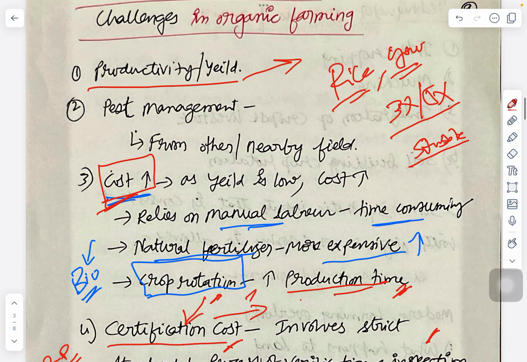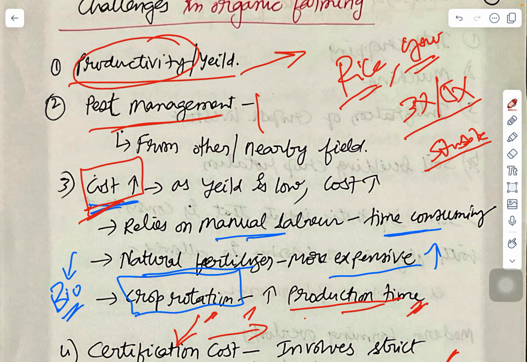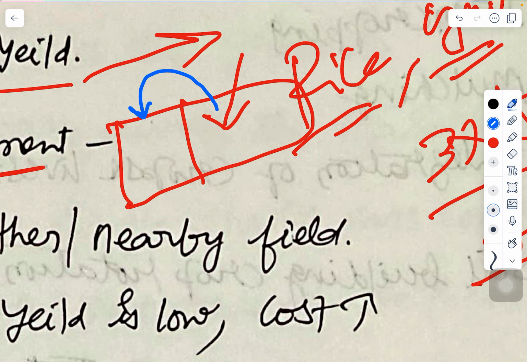So overall, there are more issues with productivity and yield, and also pest management. Pest management in the sense that, for example, if there are multiple fields, and the nearby field is using chemical fertilizers and somehow reducing the pests, there's a greater chance that if the nearby field is organic, all the pests can come there and destroy the crops of the field that relies on organic farming, right?